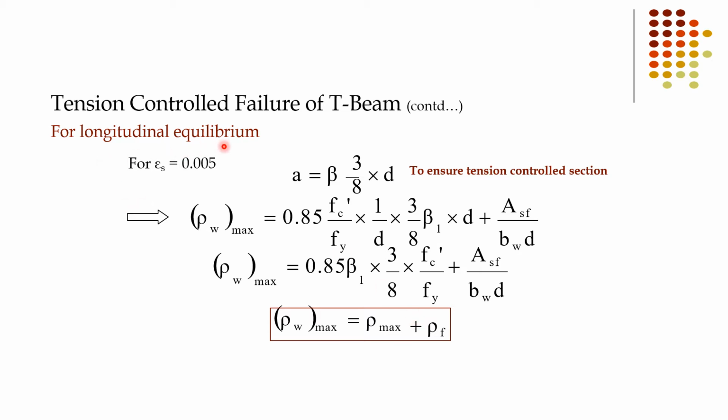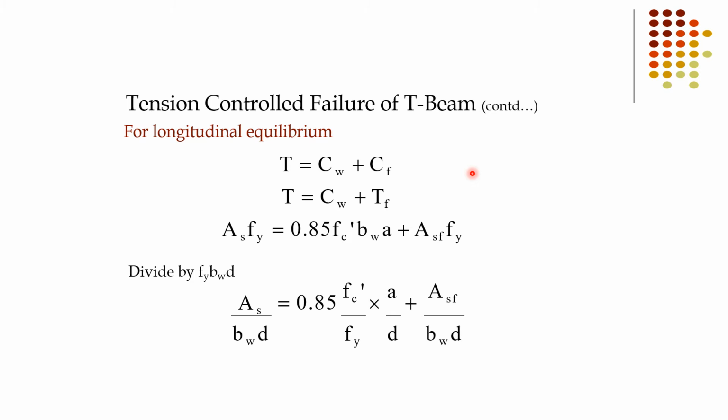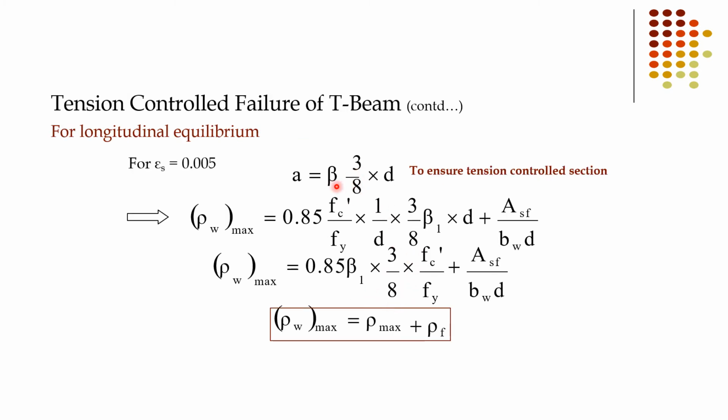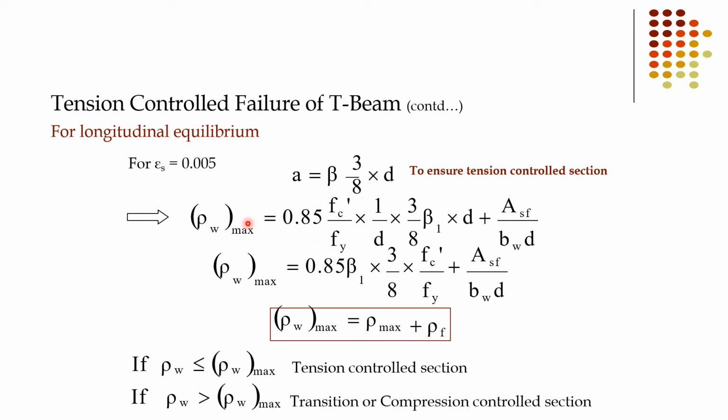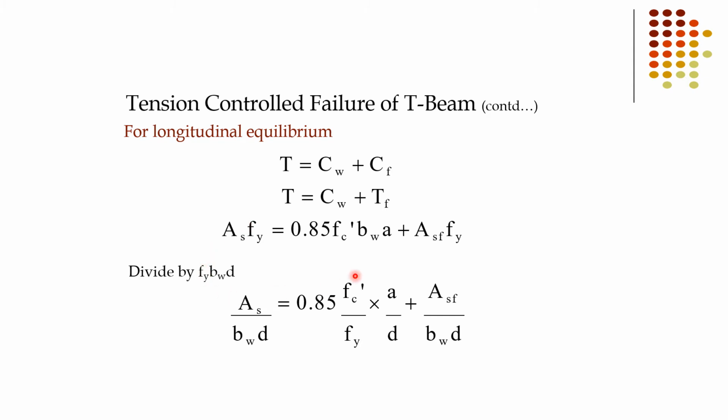For longitudinal equilibrium and for tension control, when strain equals 0.005, we get the a value as 3 by 8 beta 1 d to ensure tension control. So I have put in the values here in the place of a, to get the rho maximum, where all the other parts are the same.